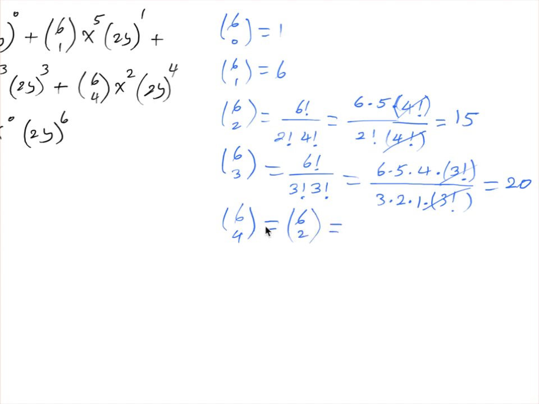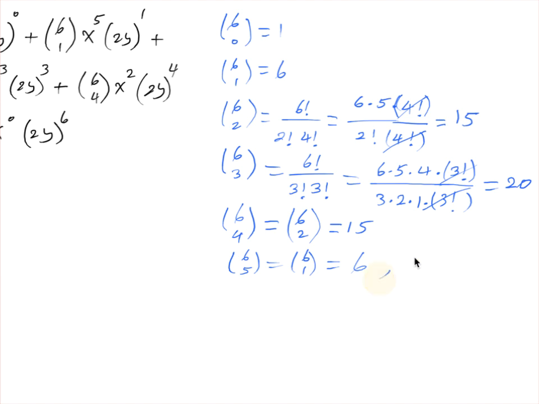Because of symmetry, 6 choose 4 is the same as 6 choose 2. That is always the case because 4 plus 2 is 6. And 6 choose 2 we found above, and it's 15. And then 6 choose 5 is the same as 6 choose 1, which we know is 6.